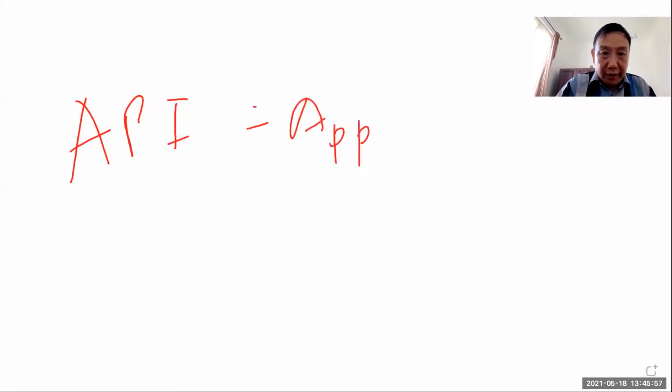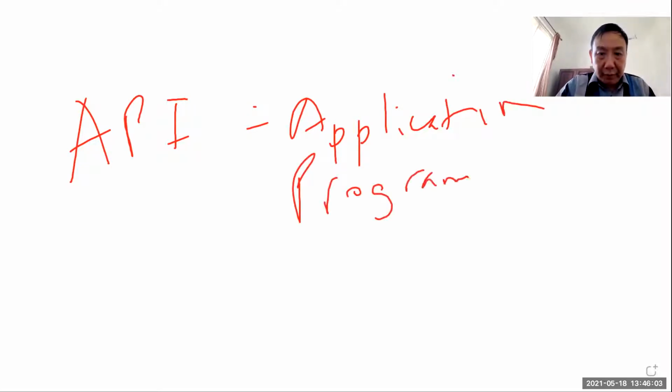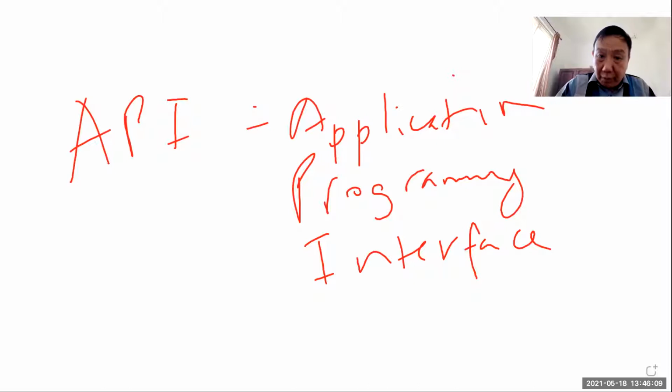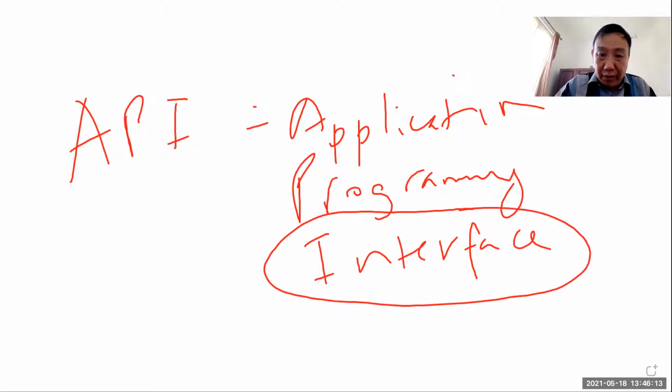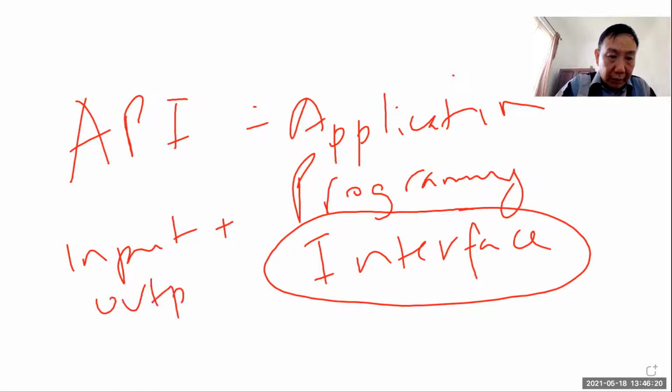So API: Application Programming Interface. The most important part here is the interface. What is an interface? The input and output.